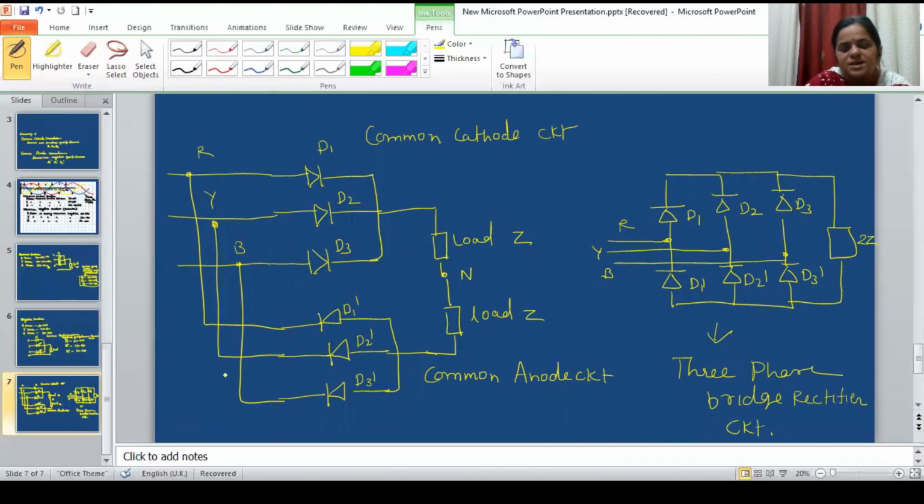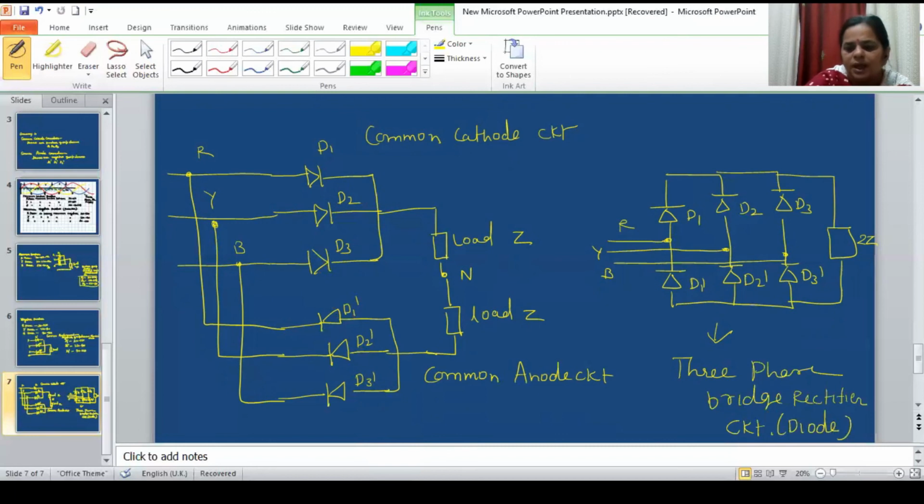So my dear friends, in a similar way, if in place of diodes we connect three SCRs, that is silicon controlled rectifiers, in a common cathode configuration and three SCRs in a common anode configuration, and if we connect these two configurations in this particular fashion and rearrange it, that will be the power circuit diagram of an SCR-based three-phase bridge rectifier.